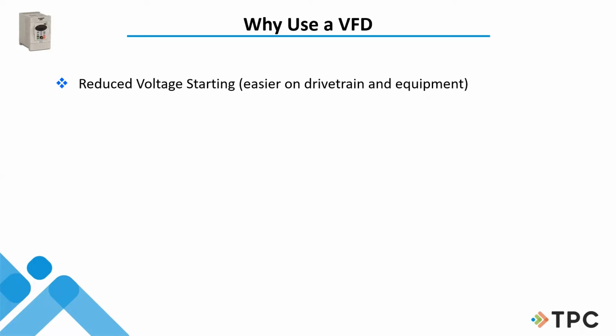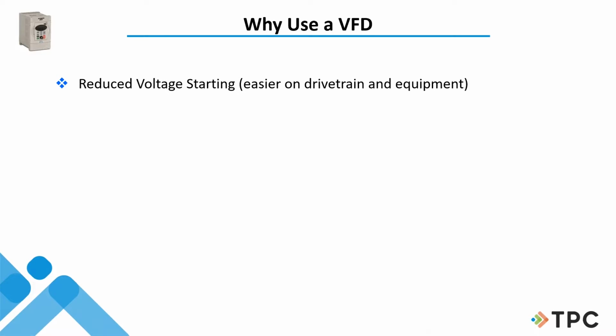One of the other things we can do with our solid state VFD is reduced voltage start, which means that we can ramp that drive up as fast as we want to or as slow as we want to, which then makes it easier on the drivetrain and all the equipment. If you think about it, usually when chains break, they break when you're starting up the equipment.